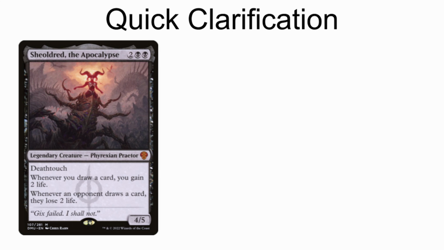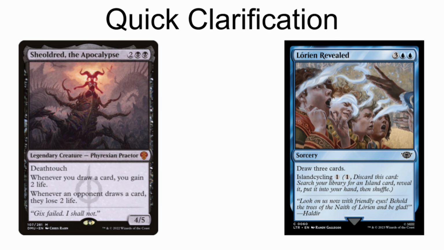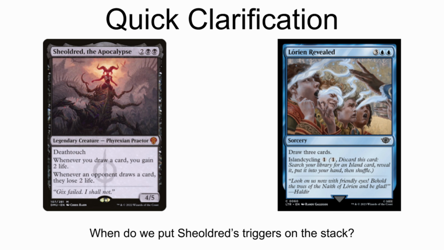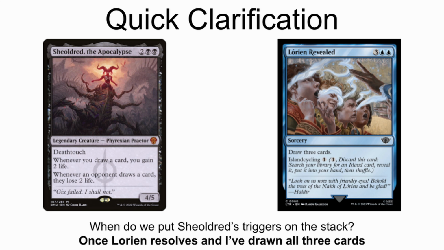I want to close with one more quick example to illuminate how resolutions look. Suppose you control Sheoldred, and I am your opponent. If I play a Lorien Revealed and draw 3 cards, when do Sheoldred's triggers go on the stack? Hopefully it's a bit more intuitive that her 3 triggers go onto the stack once Lorien has resolved and I've drawn my cards.